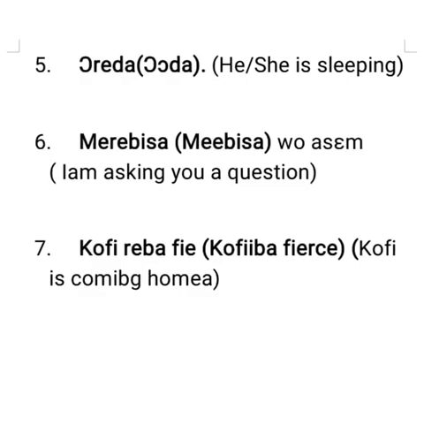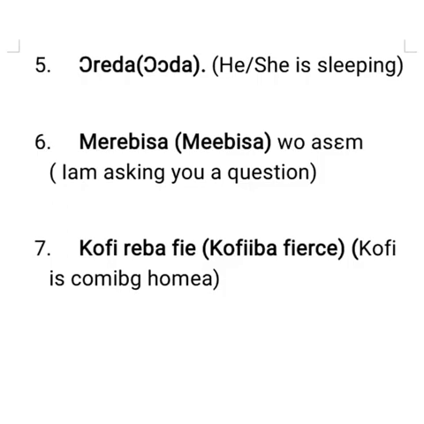Now, example number 5 says Oreda. That's he or she is sleeping. But when you are pronouncing that word, you will say Odaa. Instead of the re, it will be a double a.